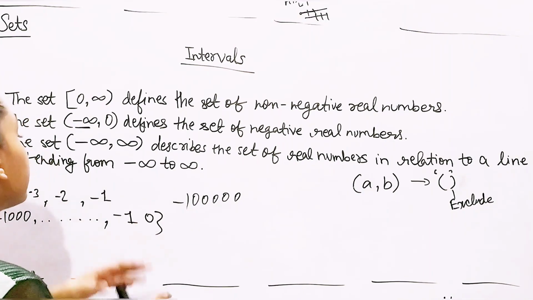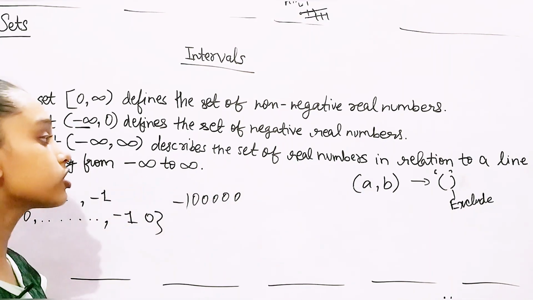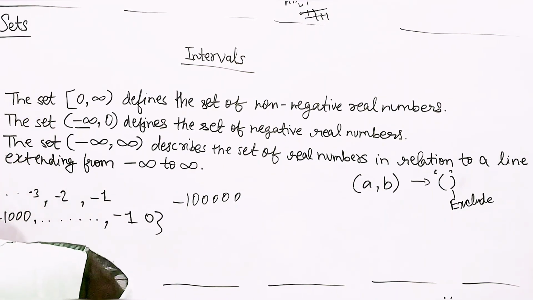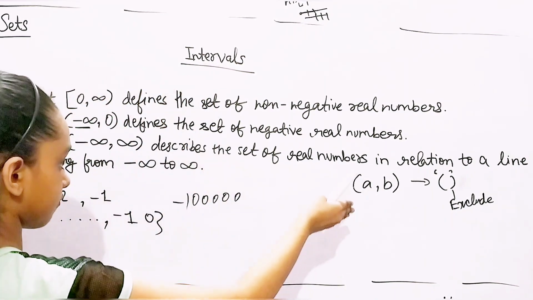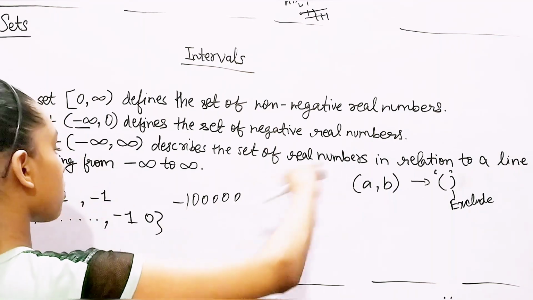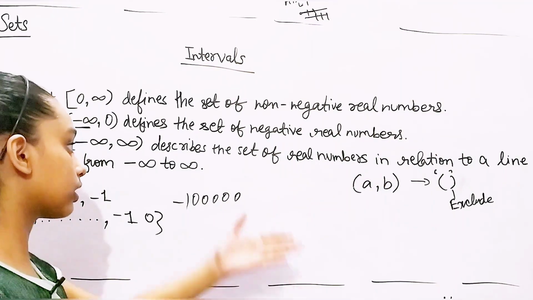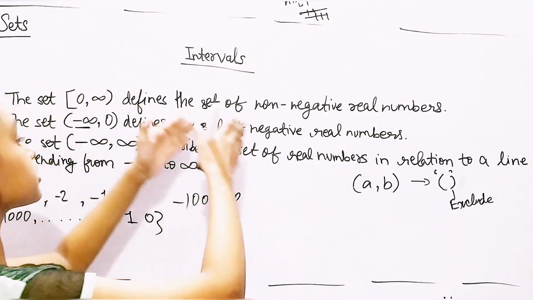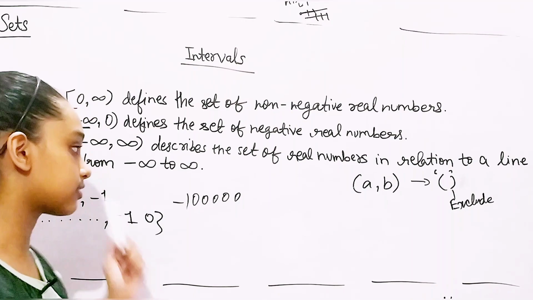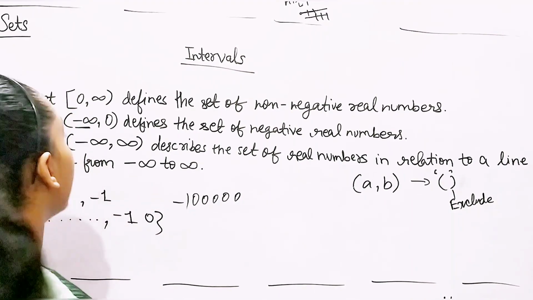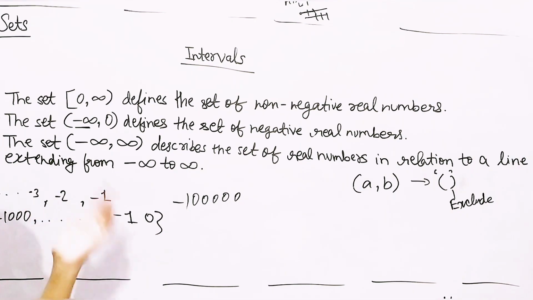It describes the set of real numbers in relation to a line that extends from negative infinity to positive infinity. You know, the whole number line we have is from negative to positive. That's what it means. Let's move on to our next topic.